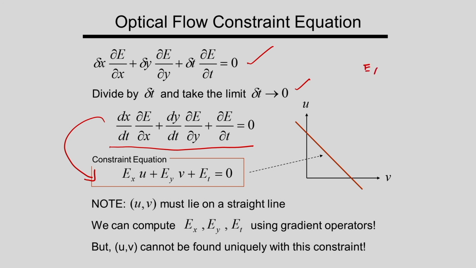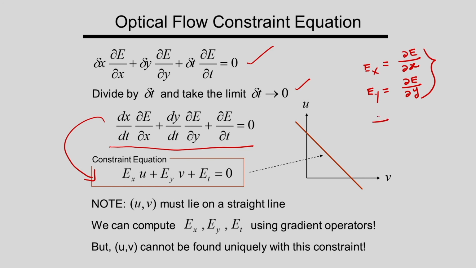Ex is nothing but delta E divided by delta x, that is the change of brightness with respect to the coordinate x, the spatial change of the brightness. And similarly, Ey is nothing but delta E divided by delta y. This corresponds to the spatial change of the brightness because of the motion.